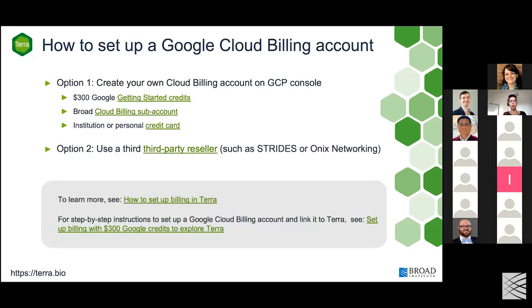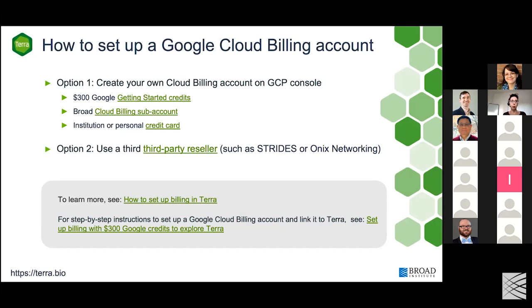And very quickly, there are two options for setting up a Google Cloud billing account. One is to create your own account on Google Cloud Platform Console. There are instructions for this. You can use getting started credits from Google.